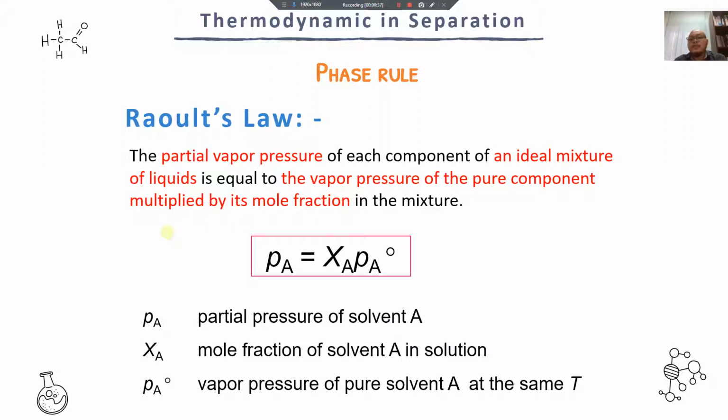In the phase rule, sometimes we have a fraction of vapor pressure when the compound is not pure.